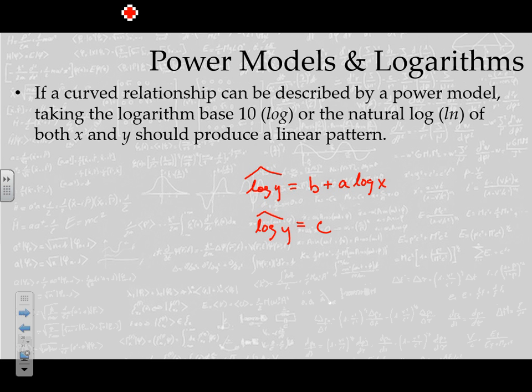If I want to find y, because the problem is I don't want log y, I want my actual y value. So if I use log base 10, how do I actually find y? How do I undo a logarithm? 10 raised to the other power. So I'd have my predicted value of y is equal to 10 to the c.